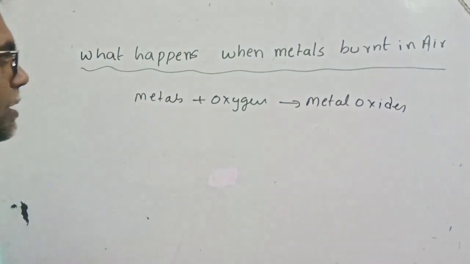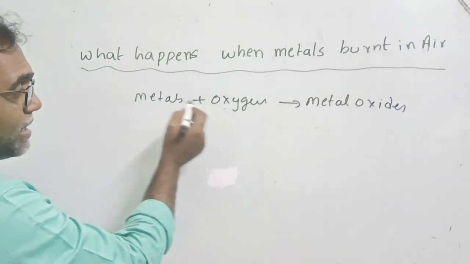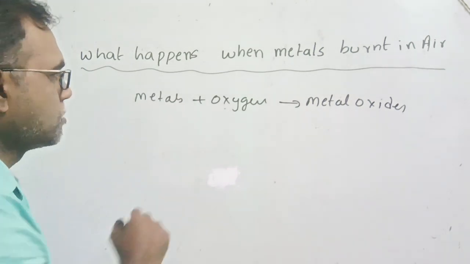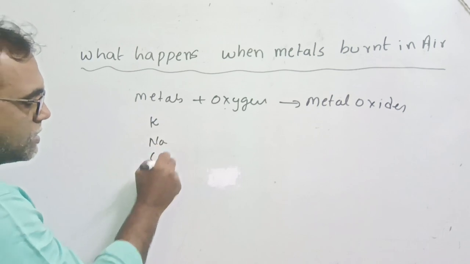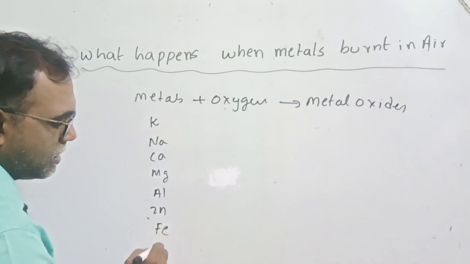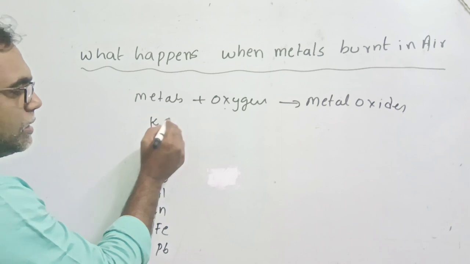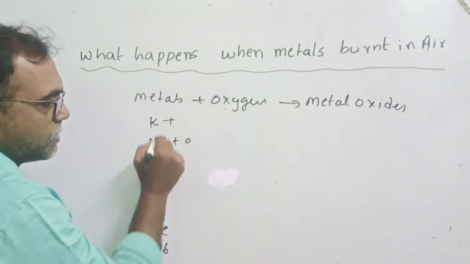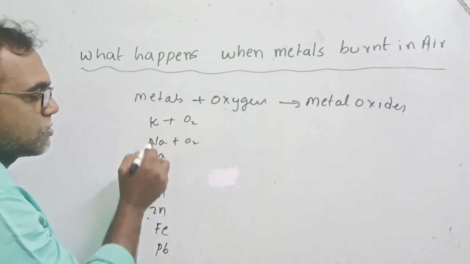Now let us see how oxygen reacts with metals. Does oxygen react with all metals in equal proportion? No. In the reactivity series, potassium, sodium, calcium, magnesium, aluminium, zinc, iron, lead, oxygen reacts vigorously with potassium and sodium.